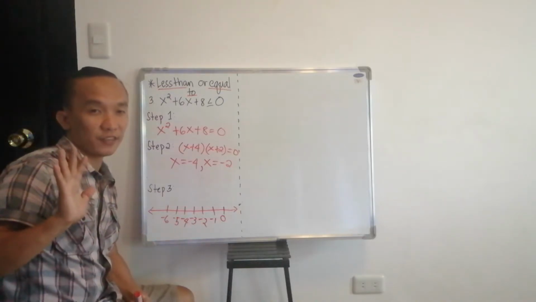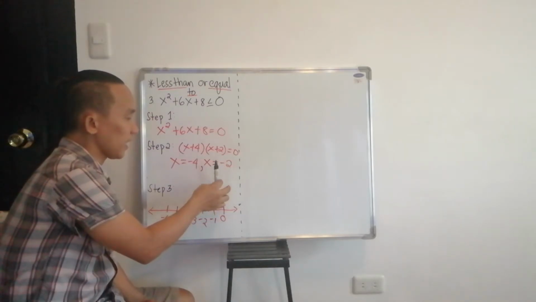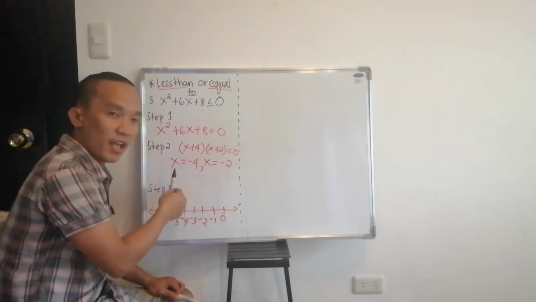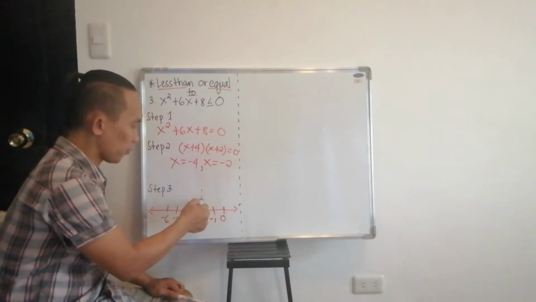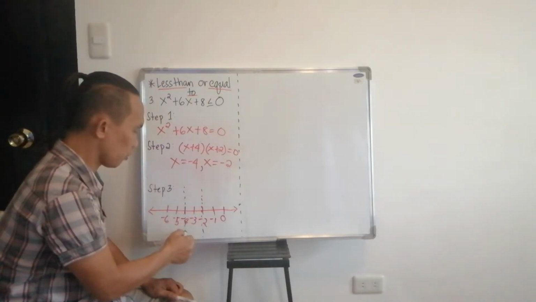Then choose a number that is either greater than negative 2, less than negative 4, or between negative 4 and negative 2. So, we put a line here and a line on negative 4.